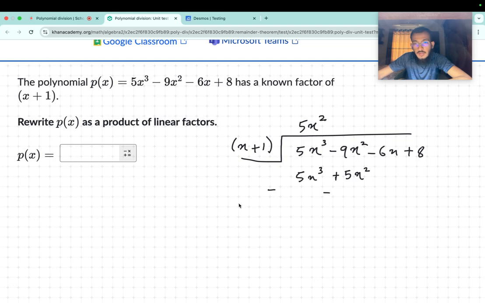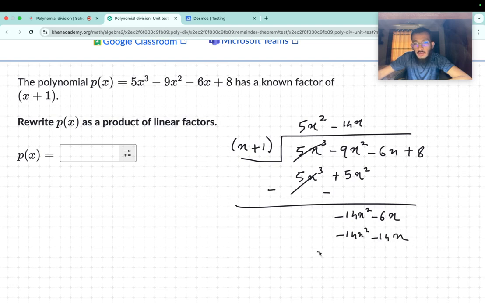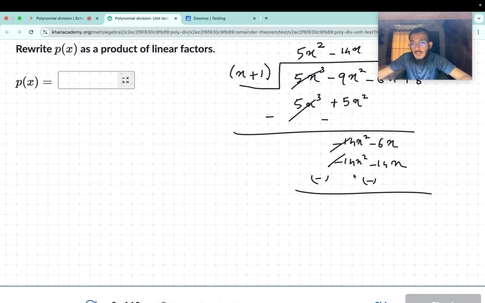Now we subtract this, so this gets cancelled out. We are left with negative 9 minus 5, so negative 14x squared, negative 6x. Now the next quotient term is negative 14x, and multiplying negative 14x with x gives negative 14x squared, negative 14x. If you subtract this, this gets cancelled out.